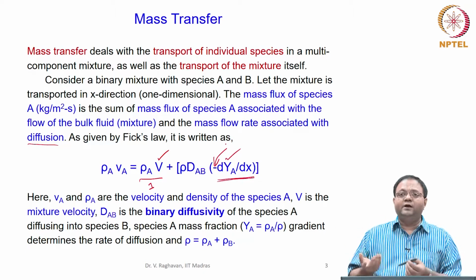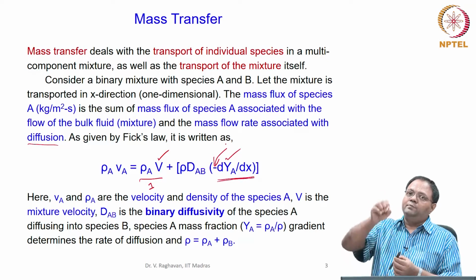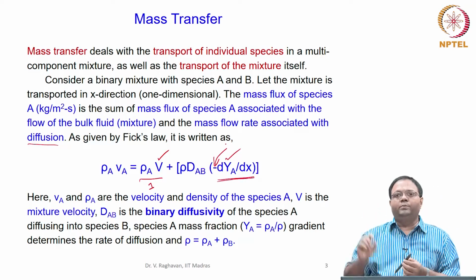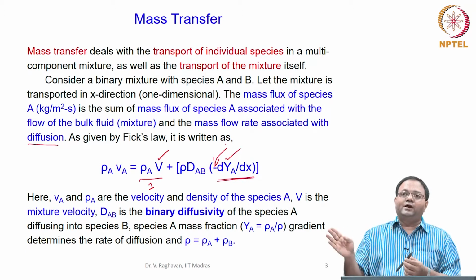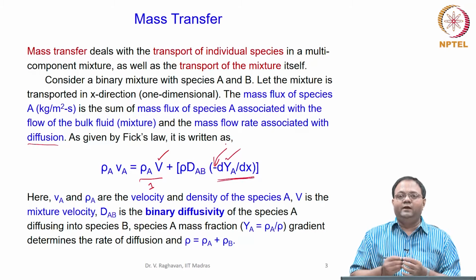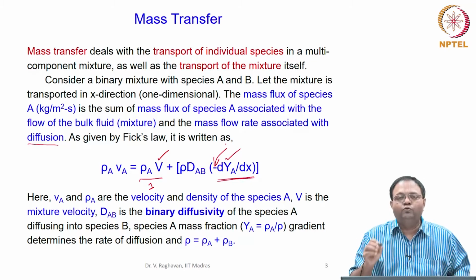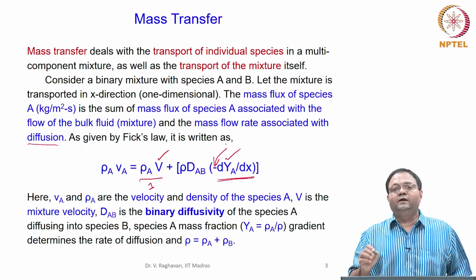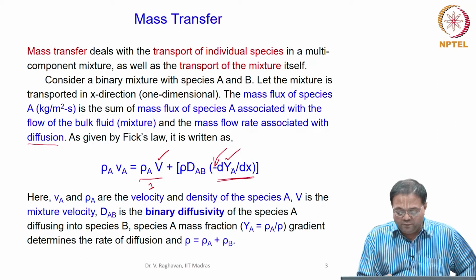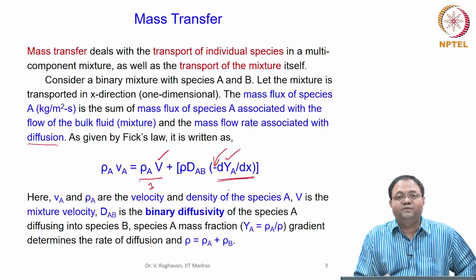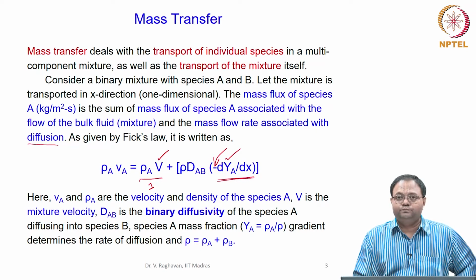It is same as heat conduction. Heat is conducted from a high temperature point to a low temperature point. So, the gradient dT by dx is negative if the heat is conducted in the positive x direction. Similar to this, the concentration gradient represented by the mass fraction gradient dYA by dx is negative.